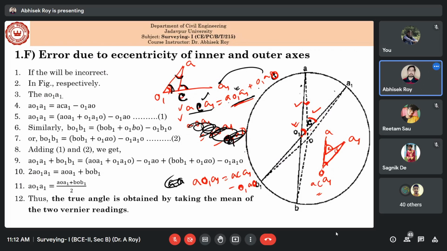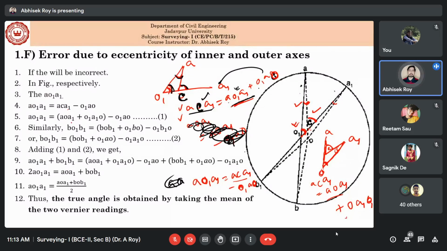So this angle is AOA1 plus OA1C. But OA1C means this angle. Instead of OA1C, we can write OA1O1 because that is on the same line. So that we can write instead of ACA1.